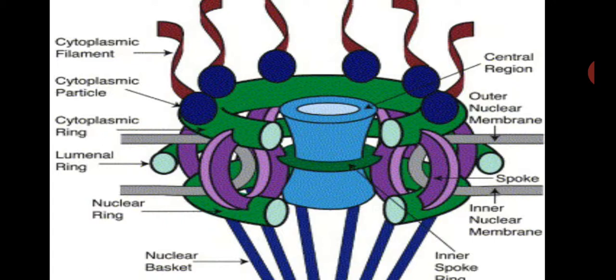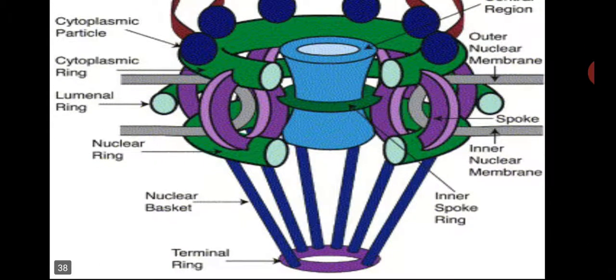The channel also contains an inner spoke ring. So the eight spokes connect the cytoplasmic ring, nucleoplasmic ring, inner spoke ring and luminal ring. These four rings are connected by spokes of the nuclear pore complex. They are in purple color.